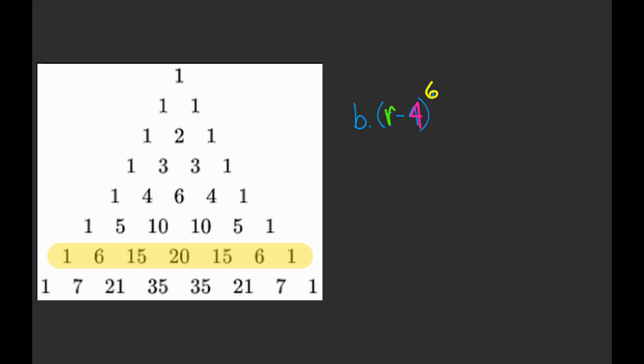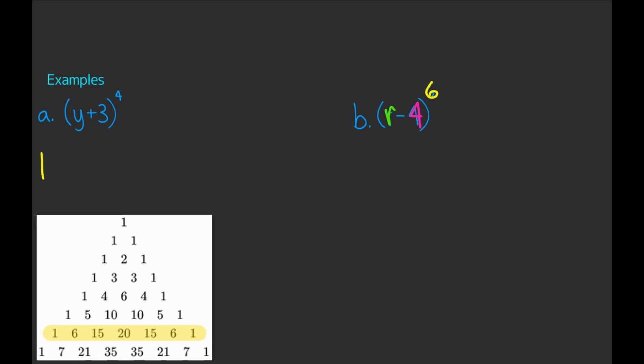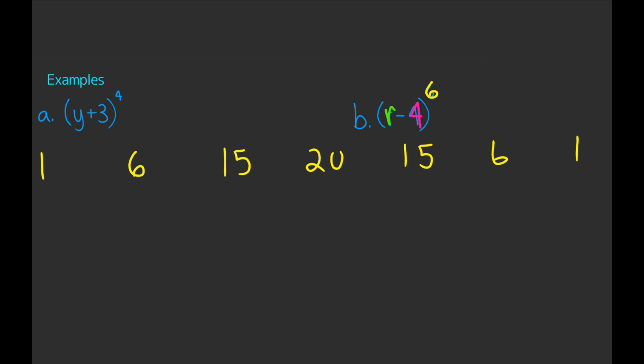What's in the 6th row? We see that in the 6th row, our coefficients are going to be 1, 6, 15, 20, 15, 6, and 1. So those are going to be our coefficients.